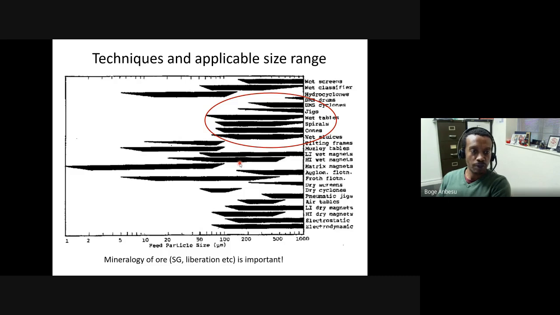Maybe you bought the perfect gravity separator, but particles are not liberated, so gravity separation is not going to help. So that's why I always emphasize, first understand the ore, know liberation size. Once you know liberation size and characterize the ore, then depending on what is available to you, you can pick up the best separation method.